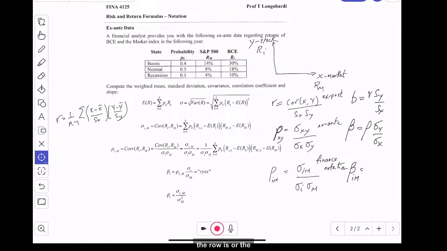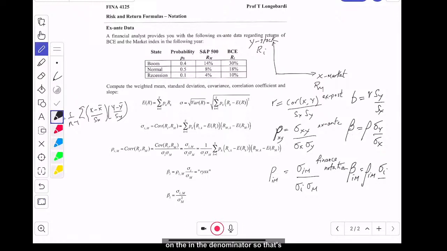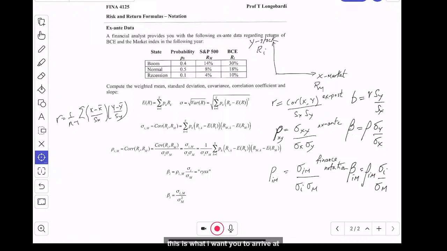In finance, the correlation is rho im, and then I have to put the y variable on the top, so that's i, so sigma i, divided by the x variable, the horizontal one, in the denominator, so that's sigma m. So I just did a translation of the several formulas. This is what I want you to arrive at, that you end up here.